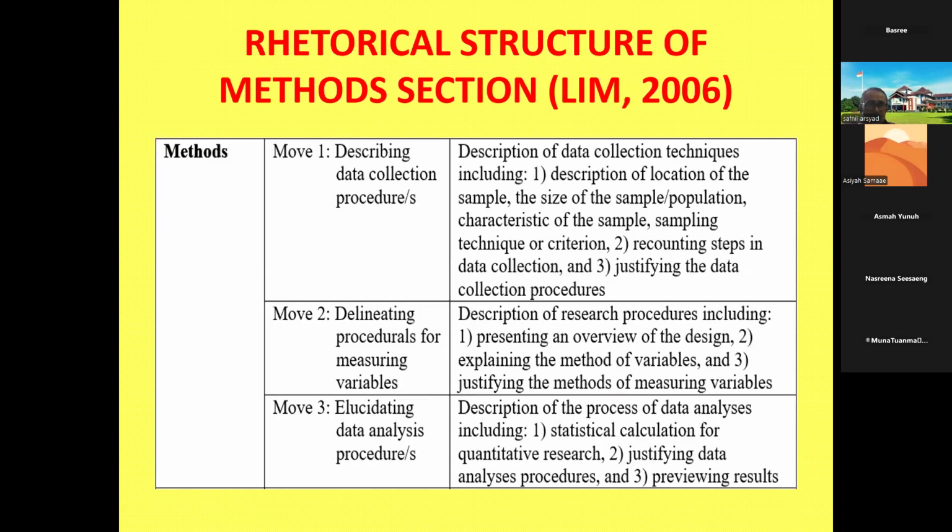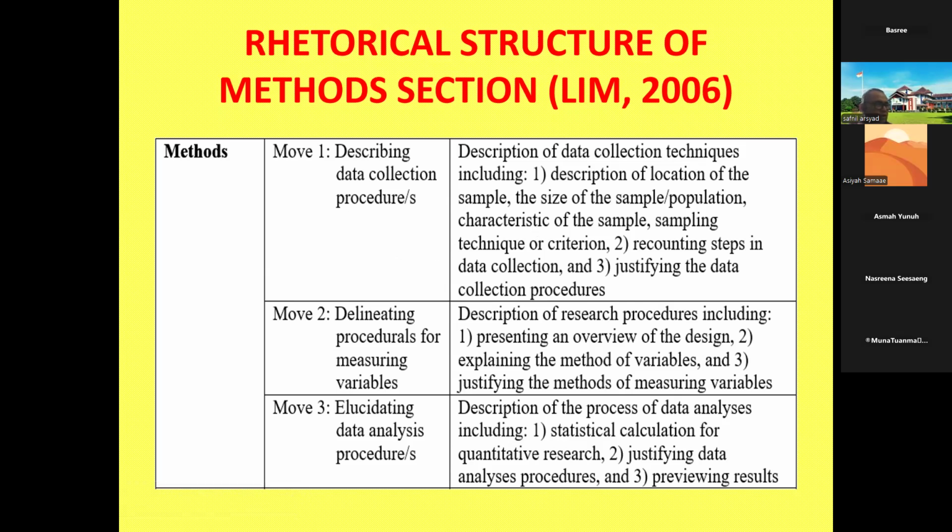Okay, this is one way of writing a method section in a research article, but also in a thesis, because our thesis and research articles have a similar format, especially for the method section.